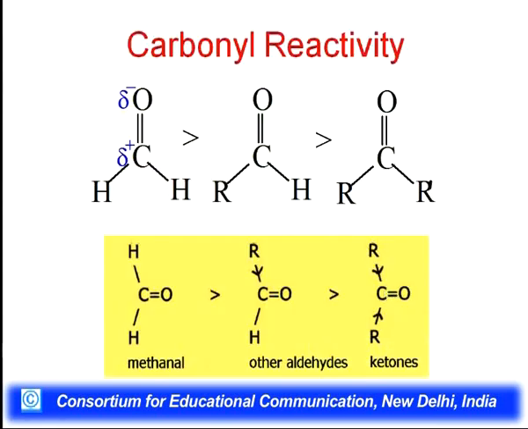In ketones we have two alkyl groups which are decreasing the positive charge on this carbon. Hence this carbon is less reactive towards nucleophiles, or in other words, ketones are less reactive.